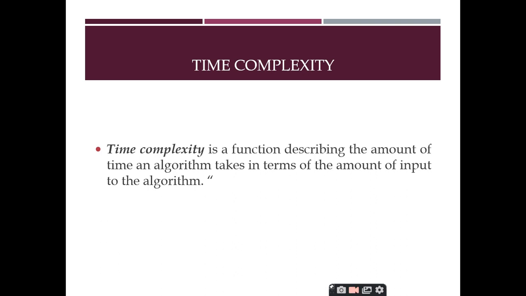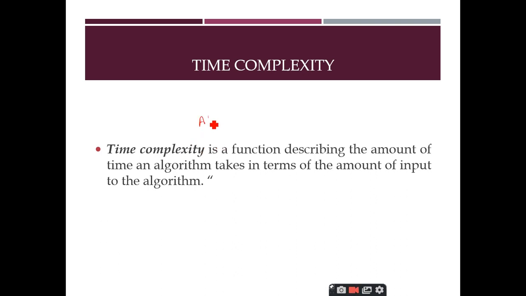But there are a few important points you have to remember in this time complexity. Never ever assume that the time complexity is the clock time, right? It is not the clock time. For example, assume that there are two algorithms, A1 and A2.